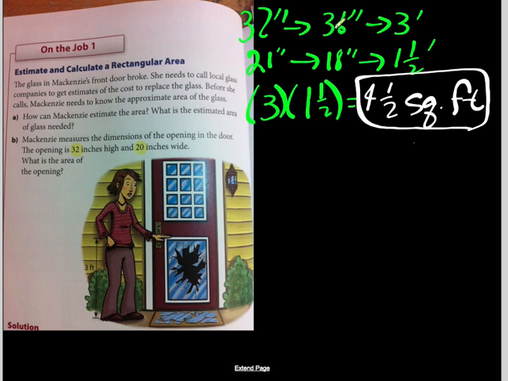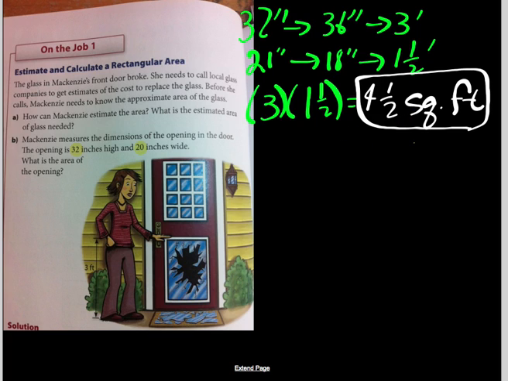I took 3 times 1.5 and made it 4.5 square feet. So that was my estimate of 4.5 square feet, based on 3 feet times 1.5 feet.